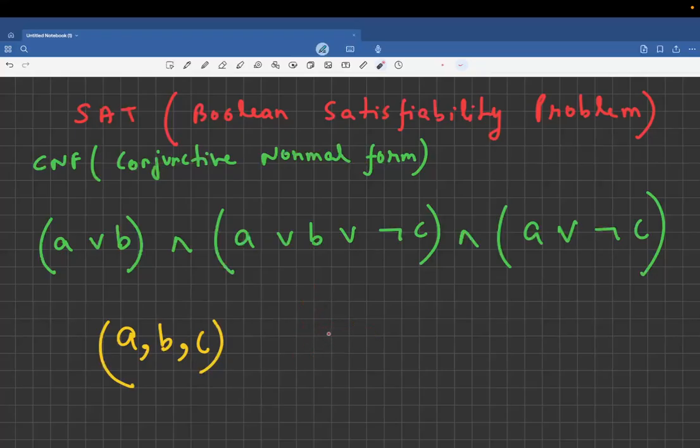So this is what the Boolean satisfiability problem is, but it is actually an NP complete problem.